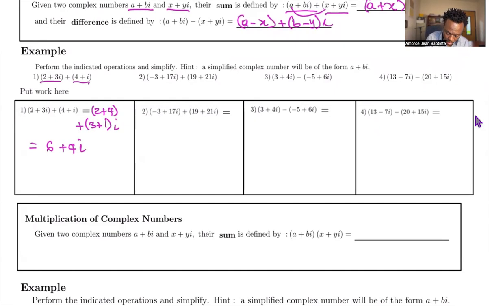Over here, I'm adding, right? So that's negative 3 plus 19, plus 17 plus 21i. So that's 16 plus 17 plus 21, that's 38i.